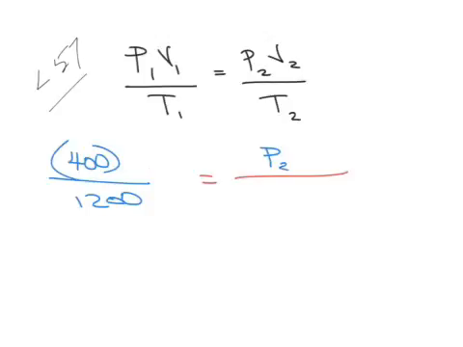So this is what we're going to be looking for if the temperature was decreased to 900 kelvins.